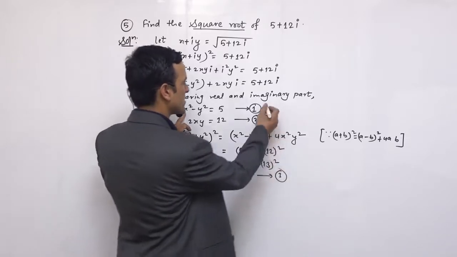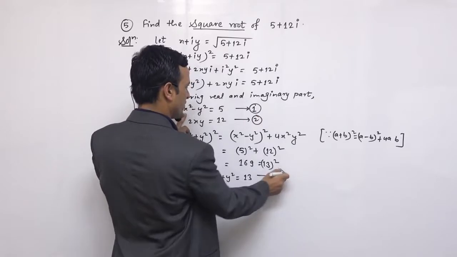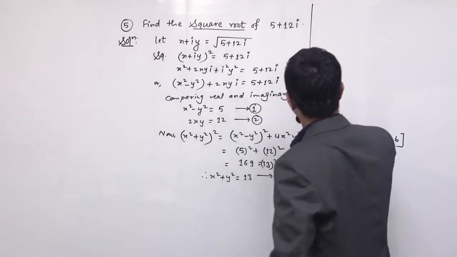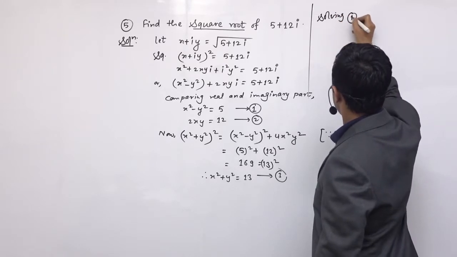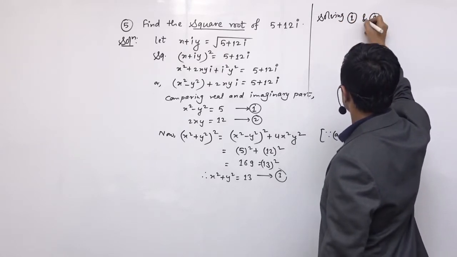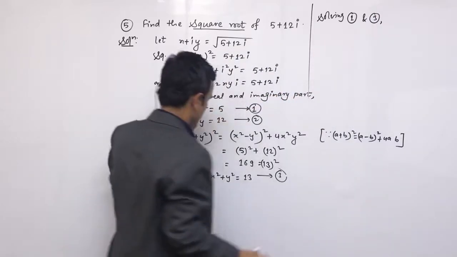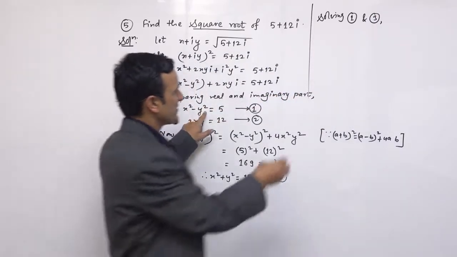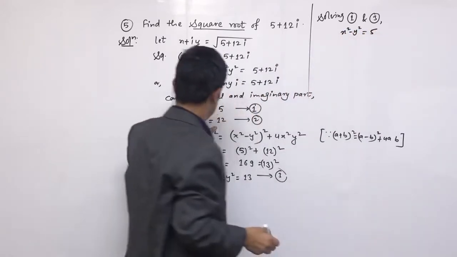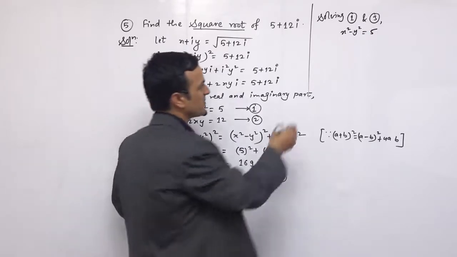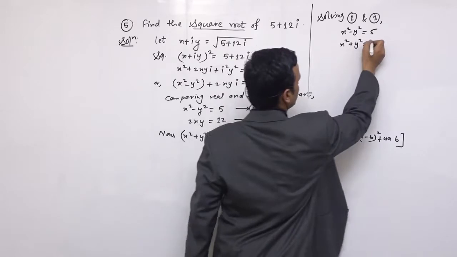Now we have to solve equations 1 and 3. Solving 1 and 3, we get x square minus y square is equal to 5, and x square plus y square is equal to 13.